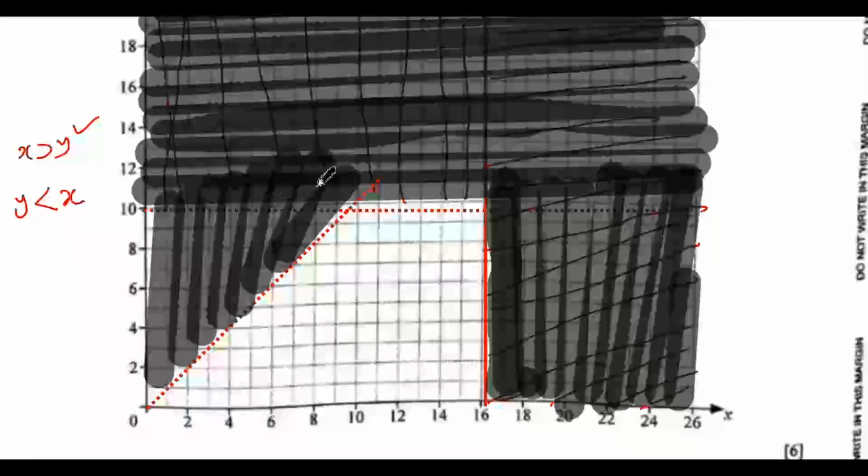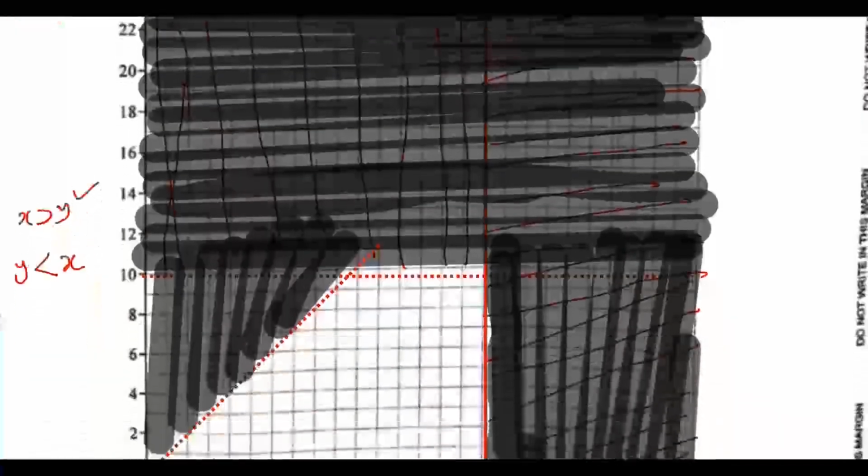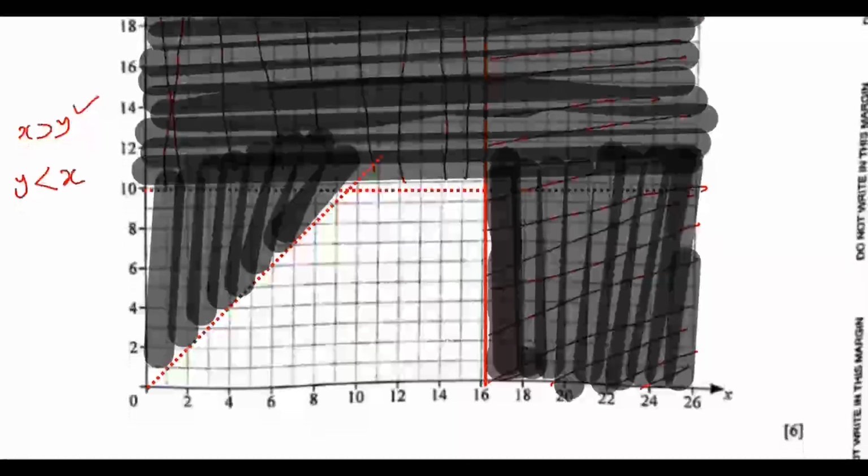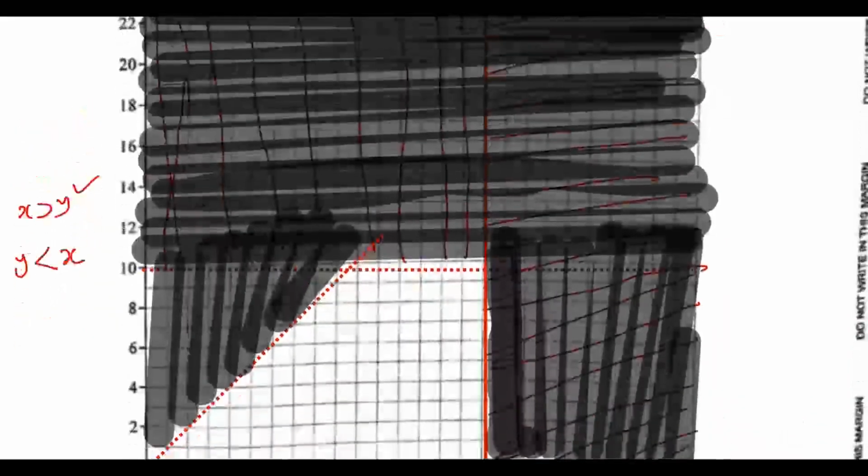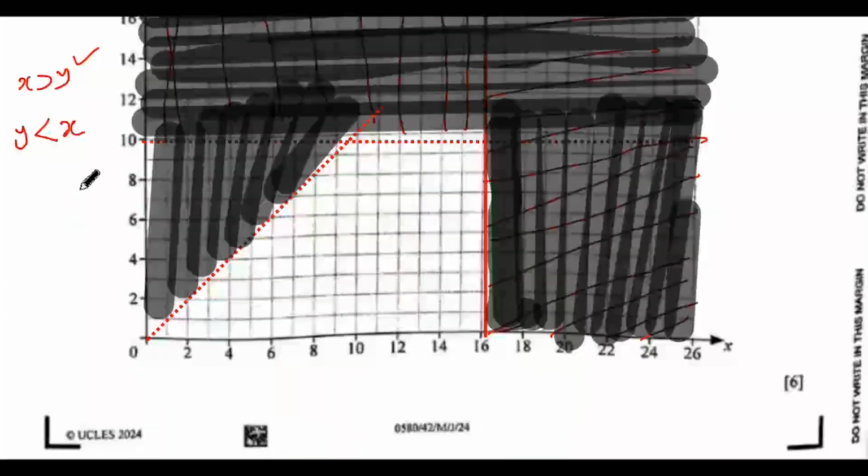Okay, so good. We're left with the last one, which is x plus y less than or equal to 24. We need to do a little adjustment there.